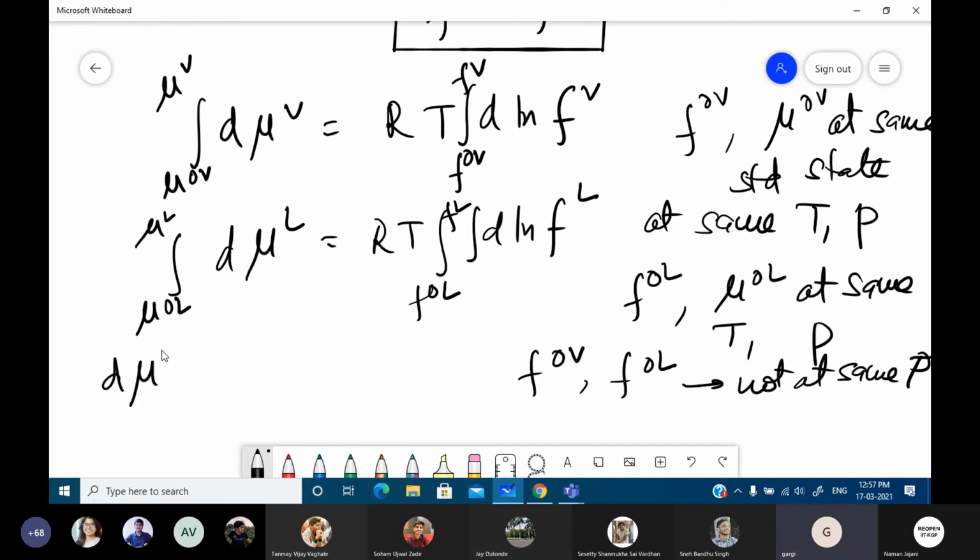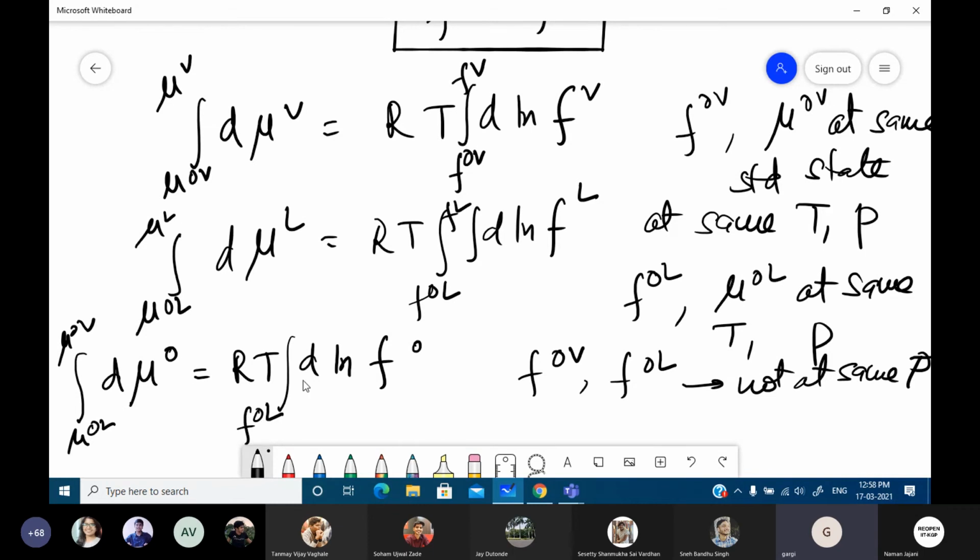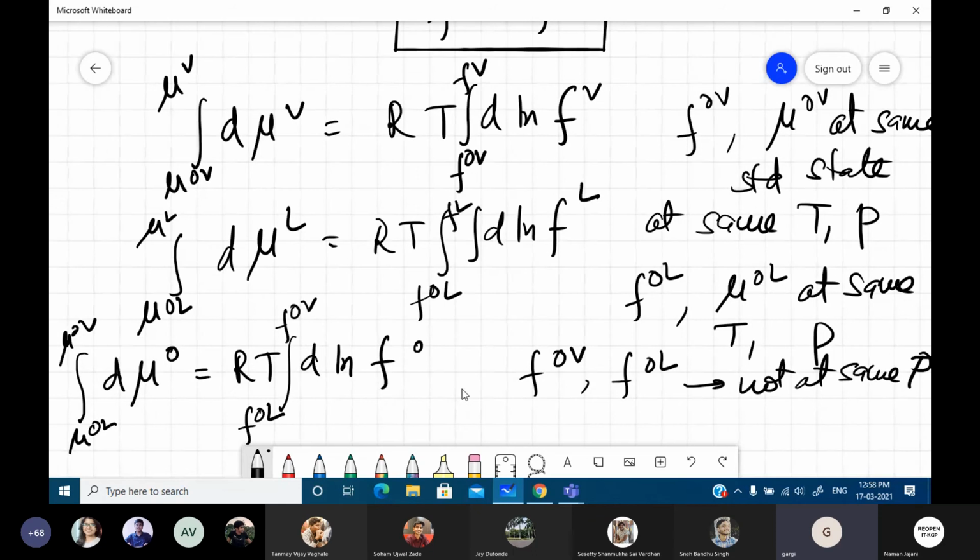d mu0, say they are at different pressure but the same temperature. So for that particular case, I can write d mu0 equals RT d ln F0. Suppose I integrate it from mu0L to mu0V. This will also have to be integrated from F0L to F0V. Can I do this? Yes or no?